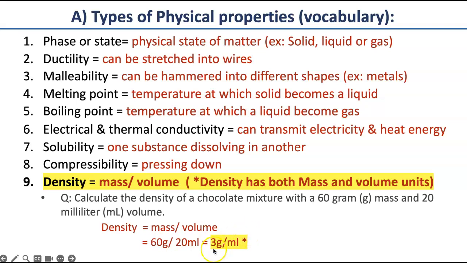So the ratio remains the same. This is why we say for a given substance, the density is a fixed amount. It does not depend on how much stuff you have. So it is an intensive property. You need to be able to calculate density.